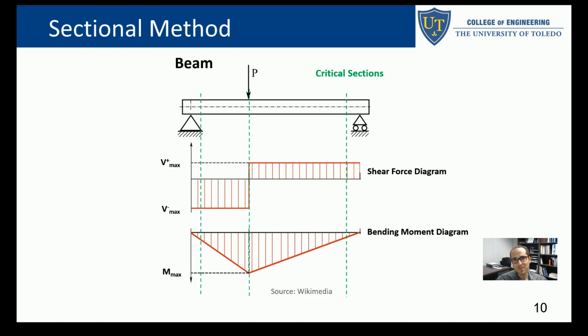Deep members do not exhibit a behavior in which plane sections remain plane. That makes engineering beam theory invalid, so you need to use either the strut-and-tie method or a nonlinear finite element method for deep members.